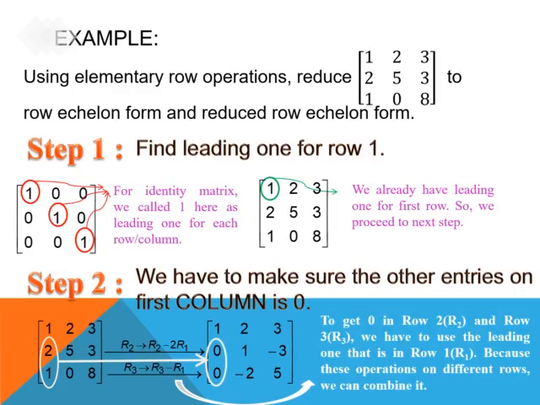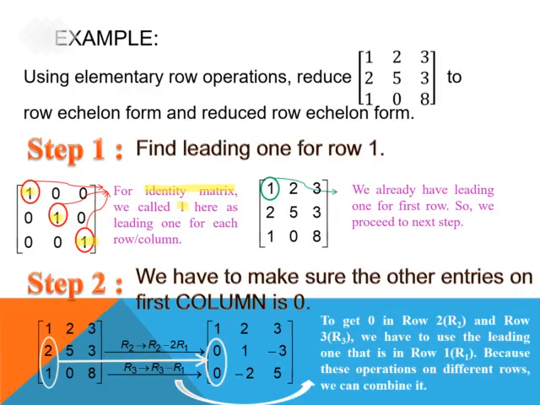So step number 1, we have to find the leading one for row number 1. So this one is an identity matrix. We call 1 here the leading one. So in an identity matrix, we call 1 the leading one for each row or column. So leading one, and leading one.